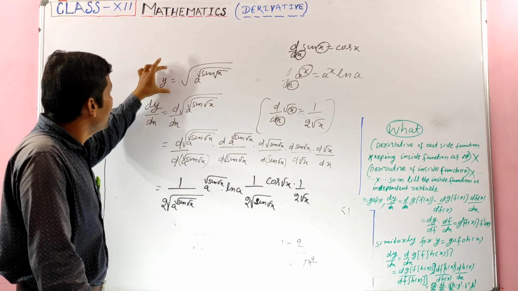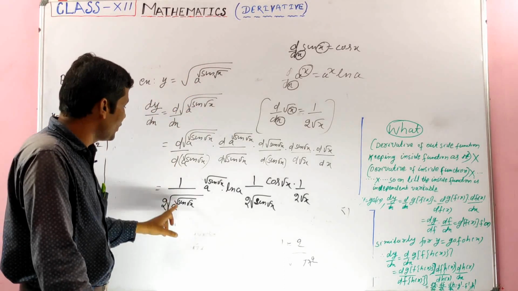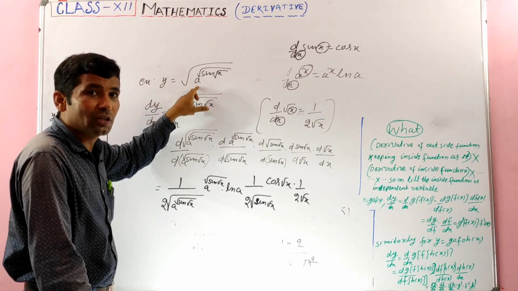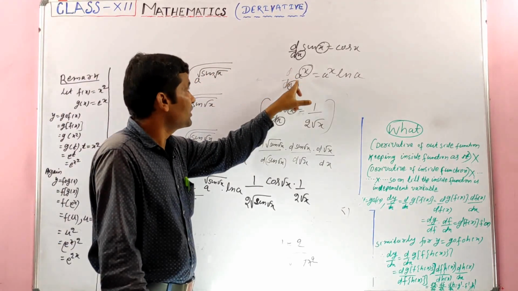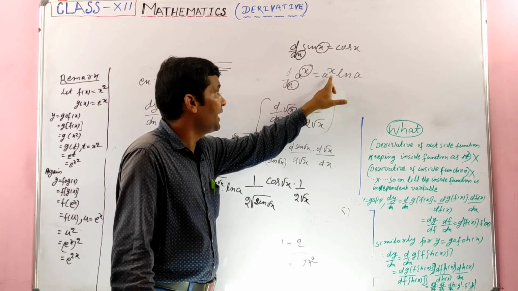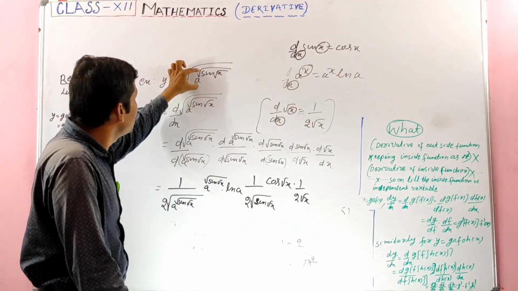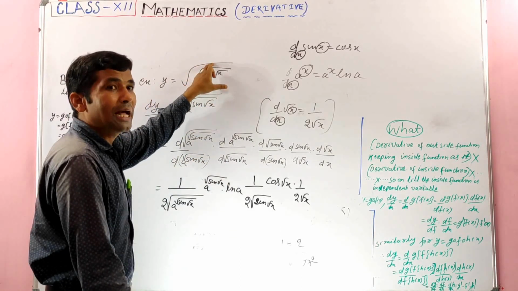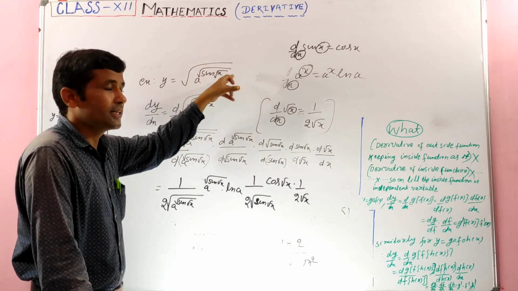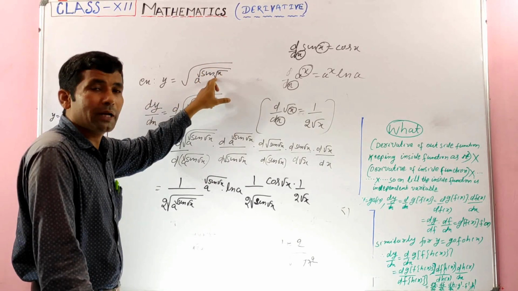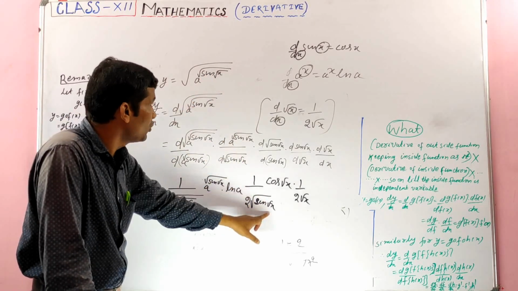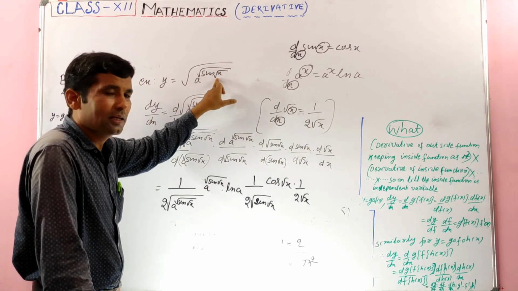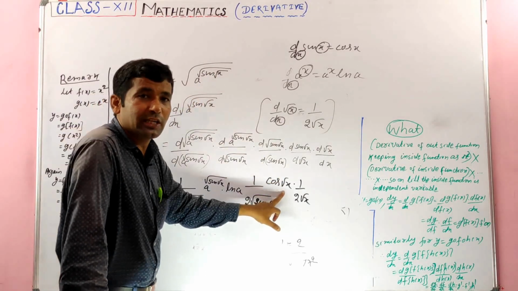See, y equal to root of something, so its derivative is 1 by 2 root something. Use this formula. Again go inside. What is the inside function? A to the power of something. Its derivative is a to the power of something into ln a. Now go to the exponent, root of sine of something, so the root derivative is again 1 by 2 root something. Again go inside the root. This is sine of something, so its derivative is cos of something.